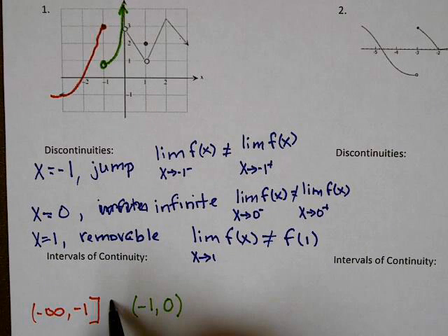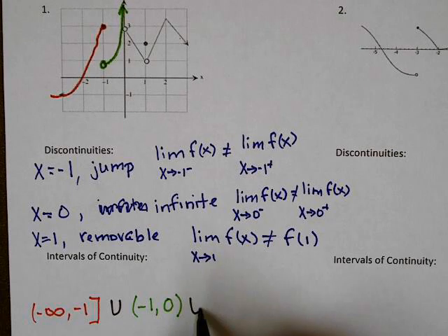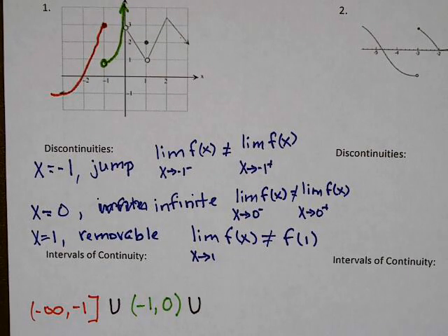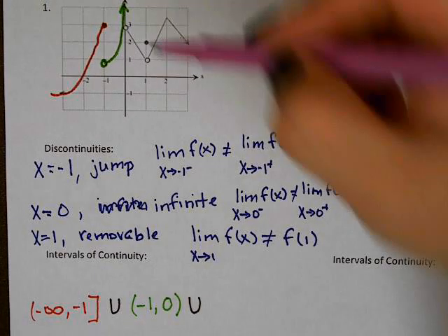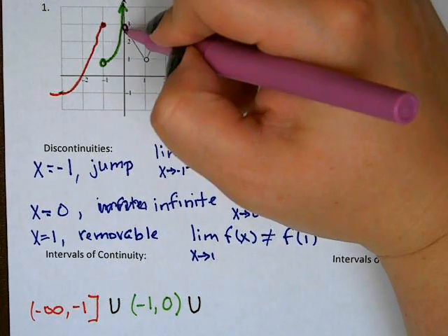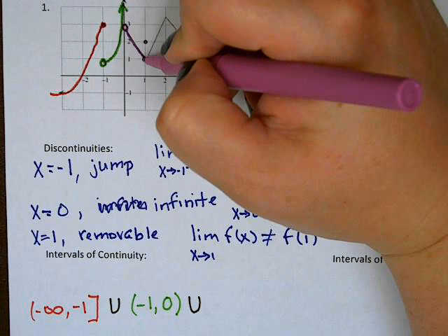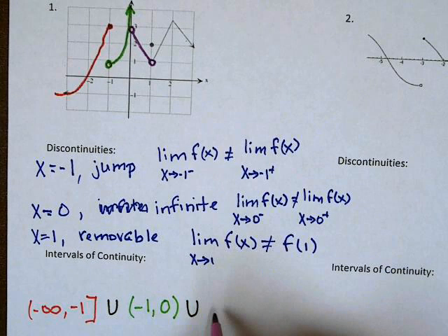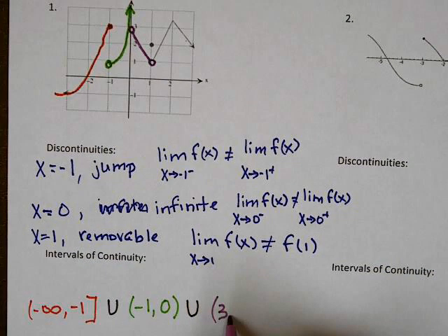And we do need to put a union symbol in between here to hold these together. That means union. And then we have an open circle at 0, and then we travel down to this open circle at 1. So that means 0 to 1.